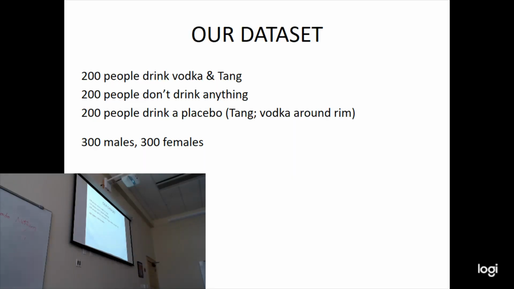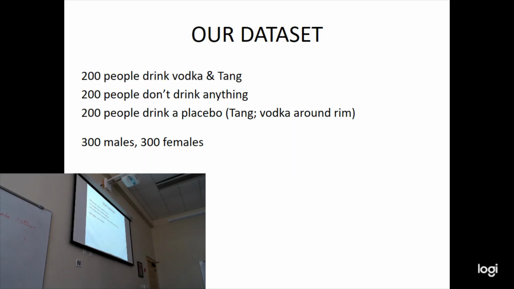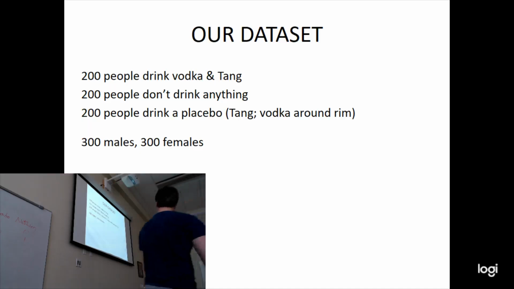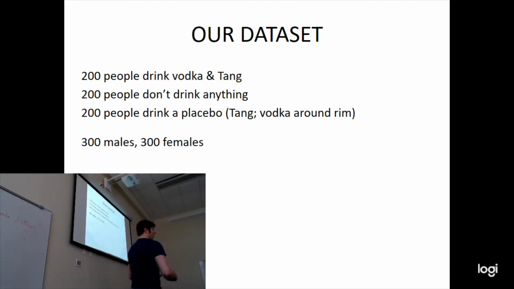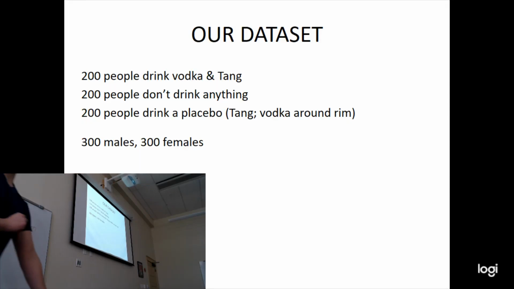So the change that I made to this data set is that instead of baseline startle being our covariate that's measured before the manipulation of the beverage condition, I've now upped the N a bit, and so we have males and females, each of whom is exposed to one of these three conditions.